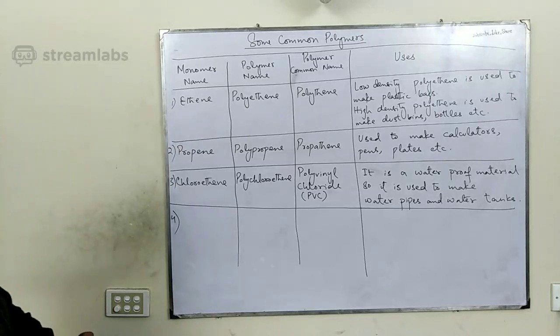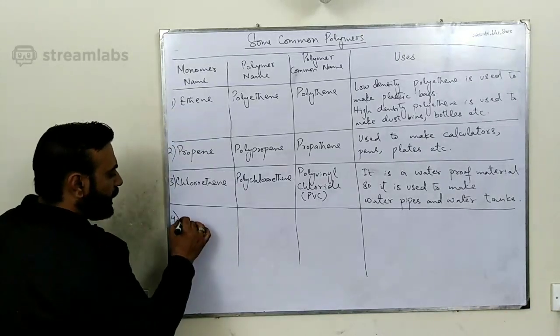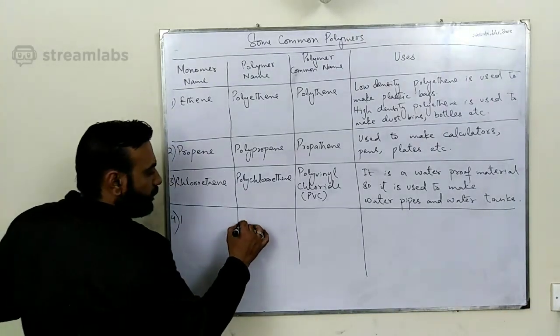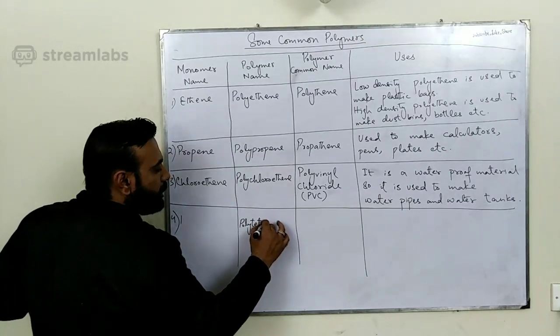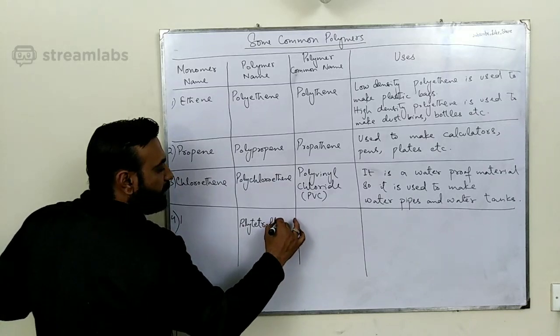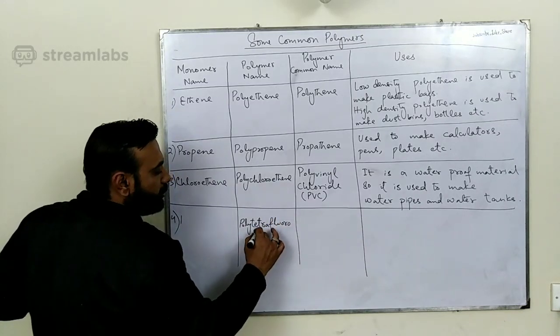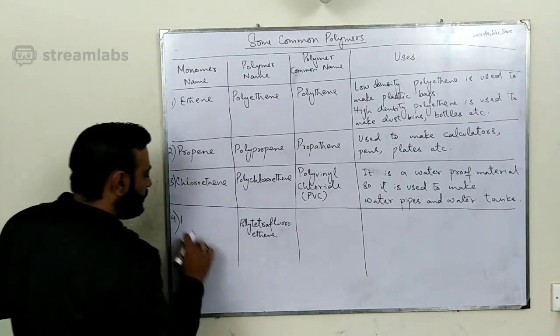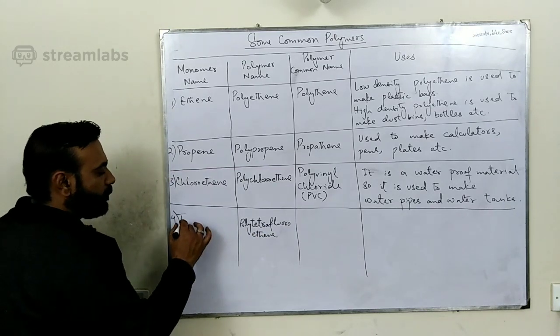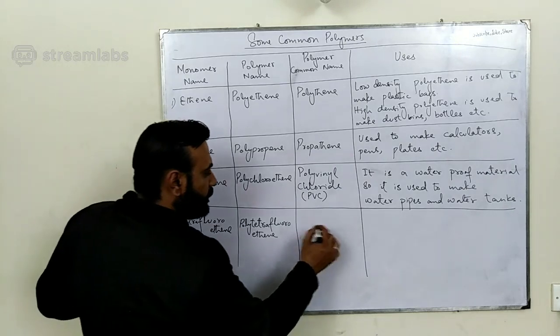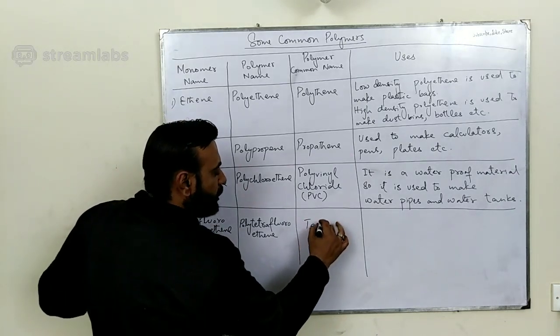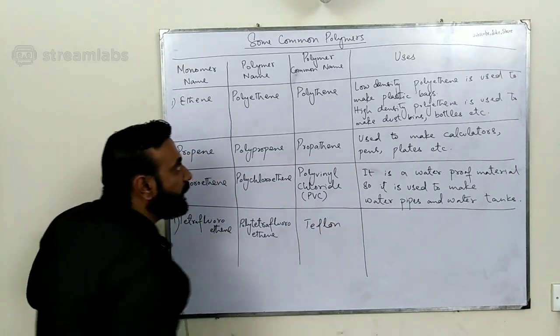Okay, then there is another one known as polytetrafluoroethene. The name of the monomer is obviously tetrafluoroethene, and its common name is Teflon.